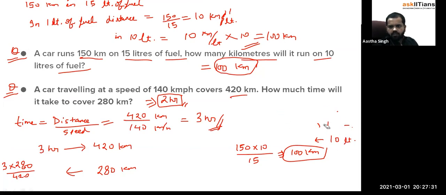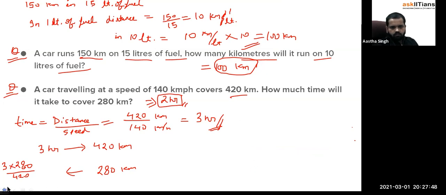Or in case of the unitary method, just find the value of your one unit. You can do it either way.